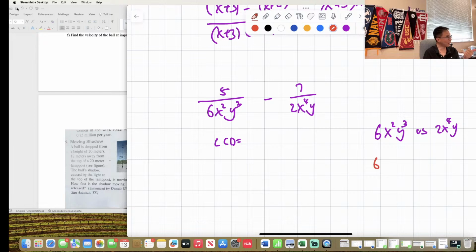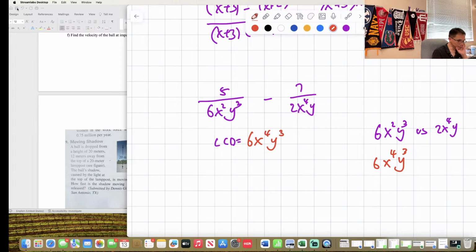Because 6 can be divided by 6, and 6 can be divided by 2, right? Now, for the x, you have a choice between 2 and 4. You're going to choose the higher power. So what's the higher power here? 4. And then y, what do I choose? 3. So this is 6x to the fourth, y to the 3.